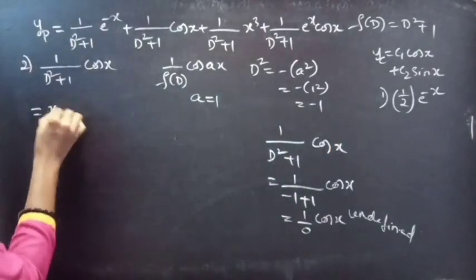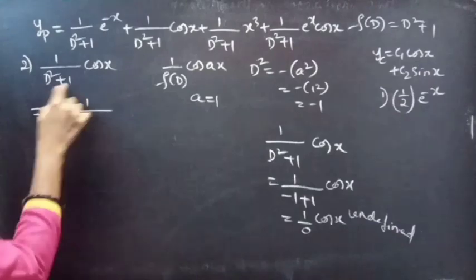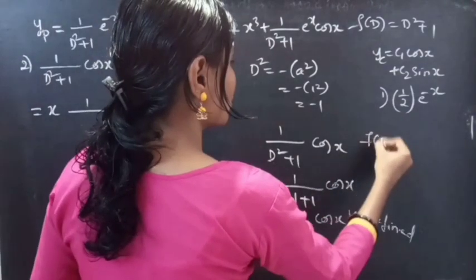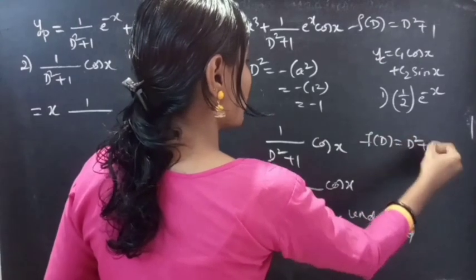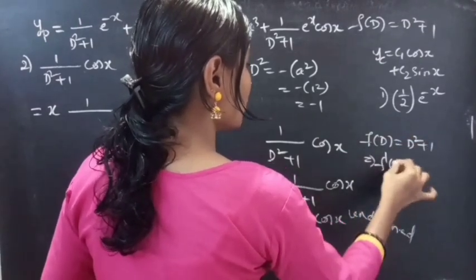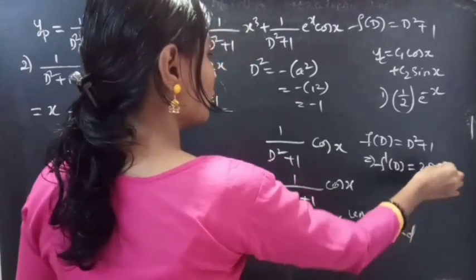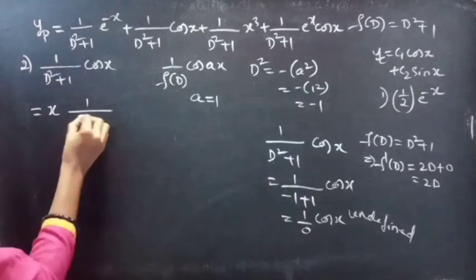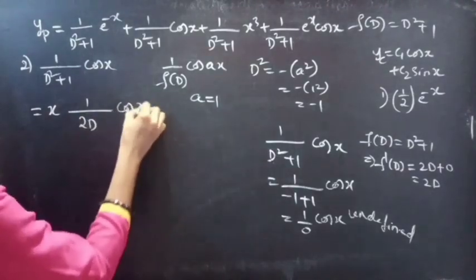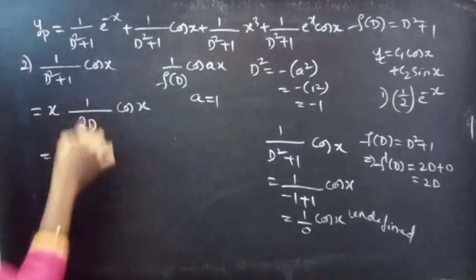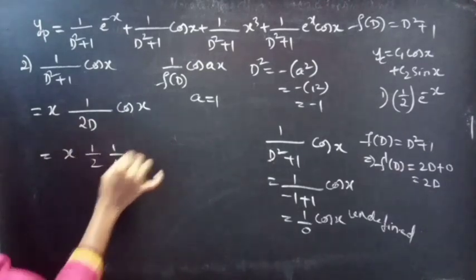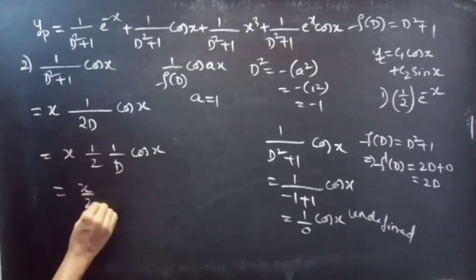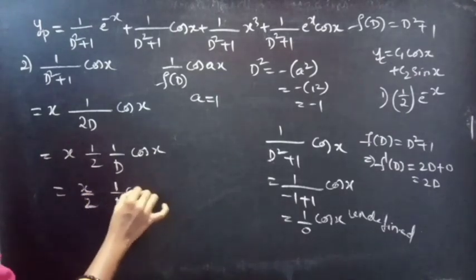We have to write x into 1 by the derivative of f of D. If f of D is D square plus 1, then f dash of D will be 2D, right? 2D plus the derivative of 1, which is 0, just 2D. So x into 1 by 2D into cos x, which we split as x into 1 by 2 into 1 by D into cos x.